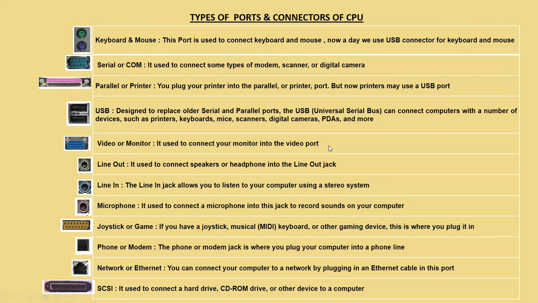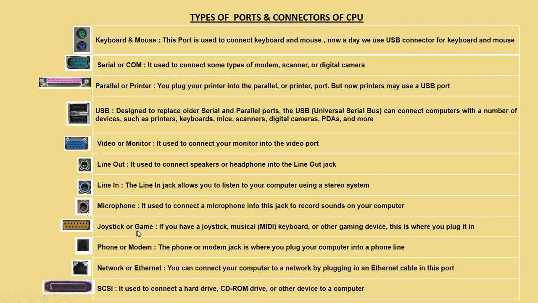Then line out, line in and microphone. Okay, it is used for connecting speaker or headphone into this jack. Okay, and this line in jack is to listen to your computer without using a stereo system. Okay, you have to use this line in jack.